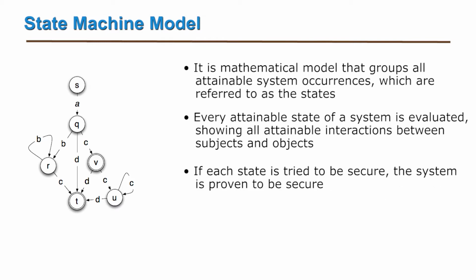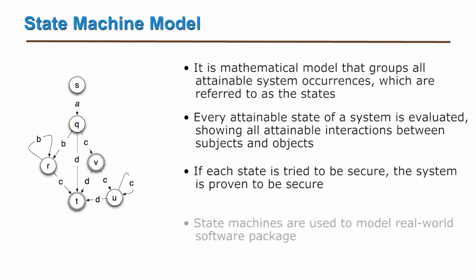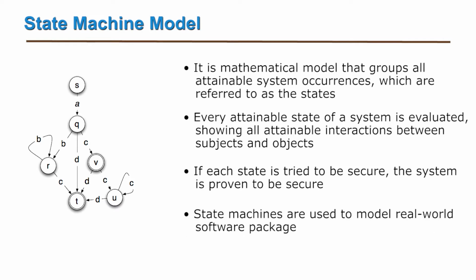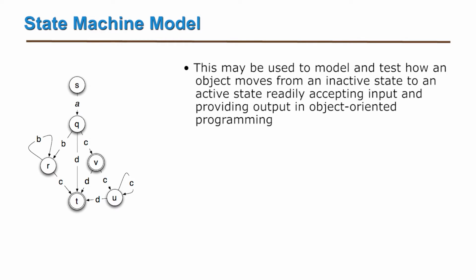If each state is tried to be secure, the system is proven to be secure. State Machine Model is used to model a software package. Generally, this may be used to model and test how an object moves from an inactive state to an active state, readily accepting the inputs and providing the outputs in the object-oriented programming scenario.